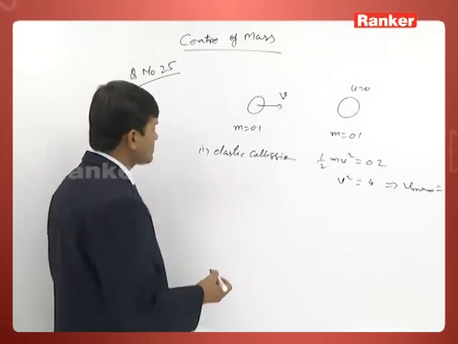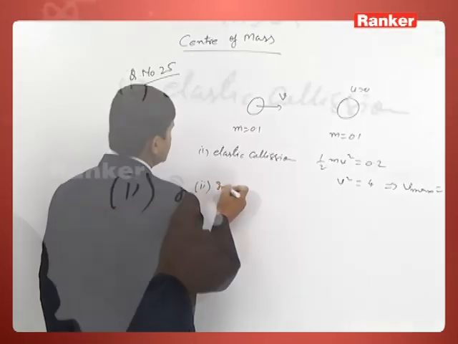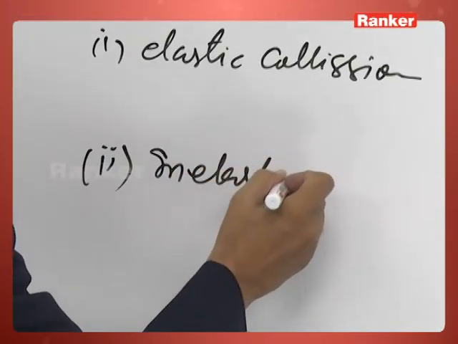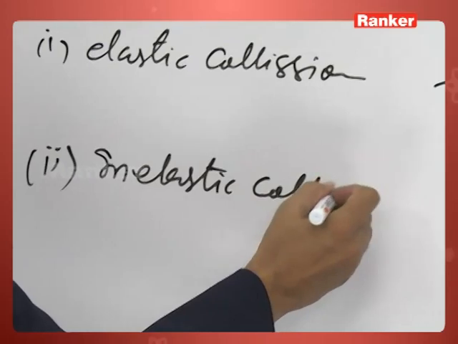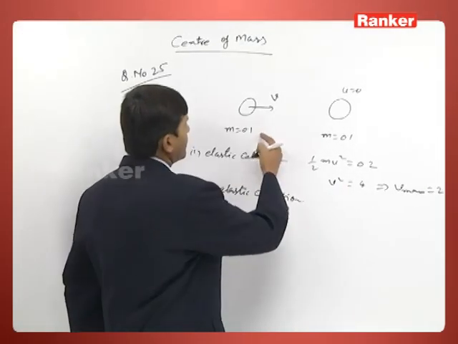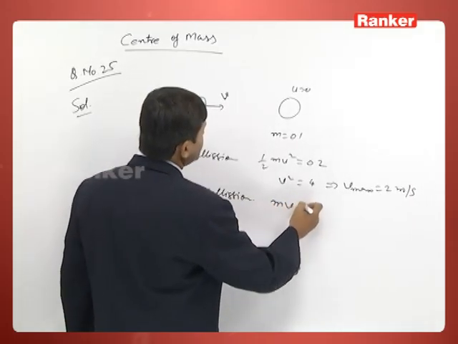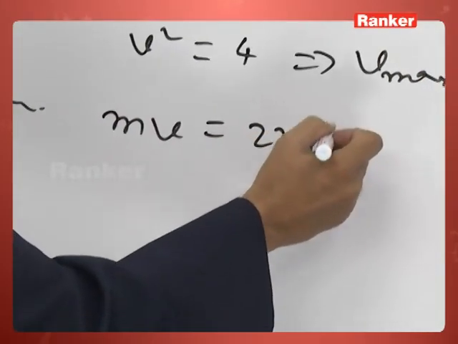Now the second one, inelastic collision. In an inelastic collision, both will move together. So mv is equal to 2m into v dash.